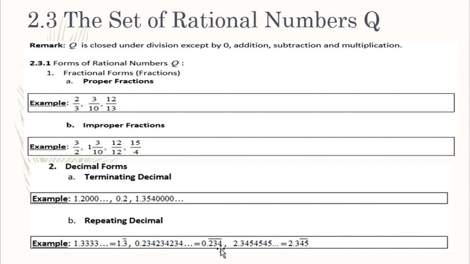Meaning, nagbalik-balik na si 234. Then, last, we have 2.345454545. So, that can be written as 2.3 with a bar over 4 and 5, since ang 4 and 5 ra man ang nagbalik-balik. So, these are your set of rational numbers.